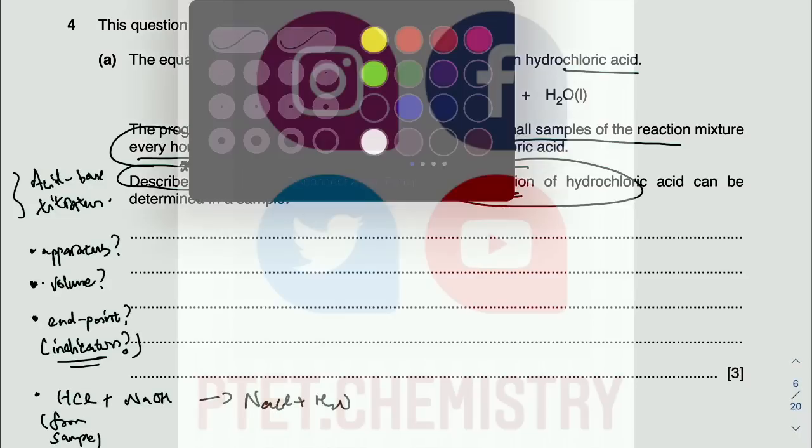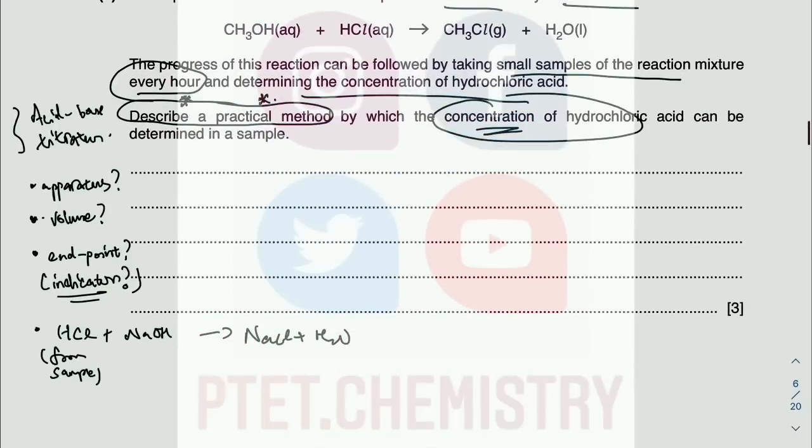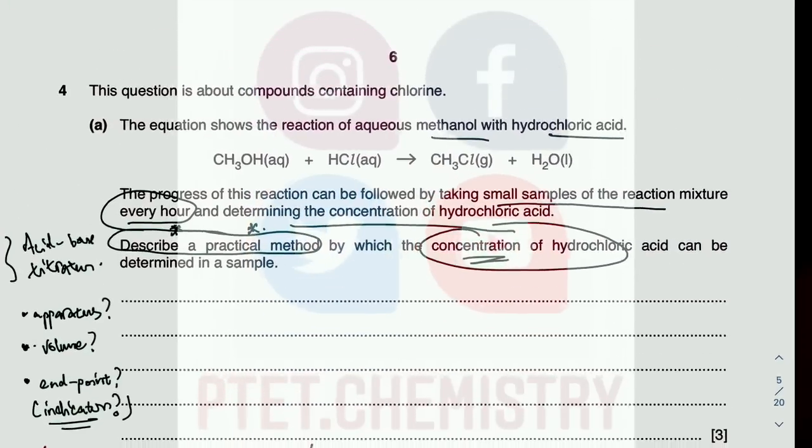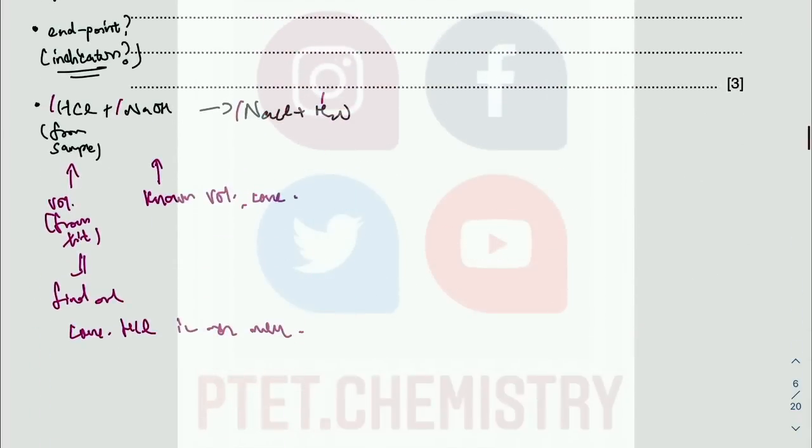So the thing is, if you have the volume and concentration of the NaOH, and you know the volume from titration, and you have the balanced equation 1 1 1 1, then you can find out the concentration of the HCl in the reaction mixture, and you take out the HCl every hour.